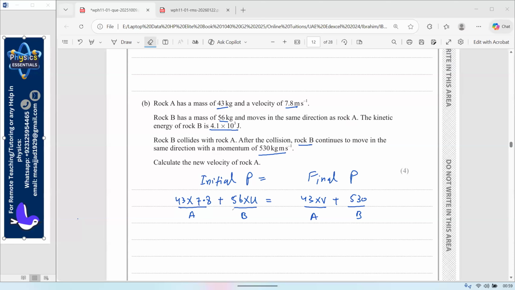So you will use KE to find the initial speed of B.